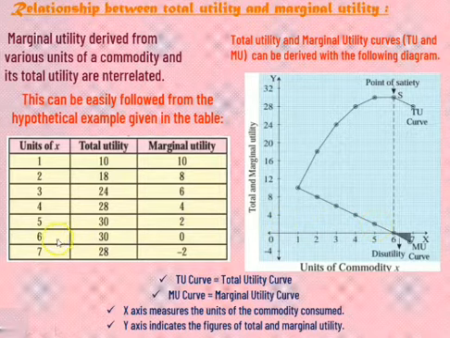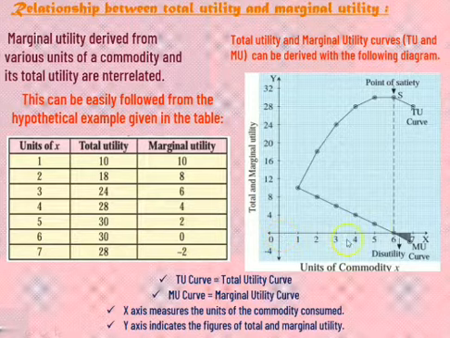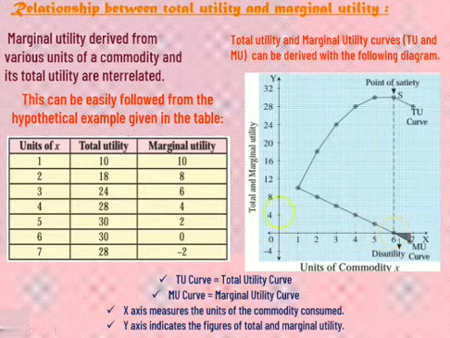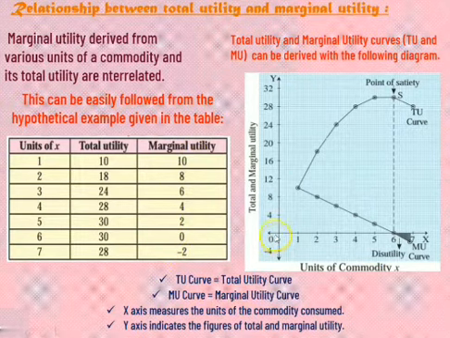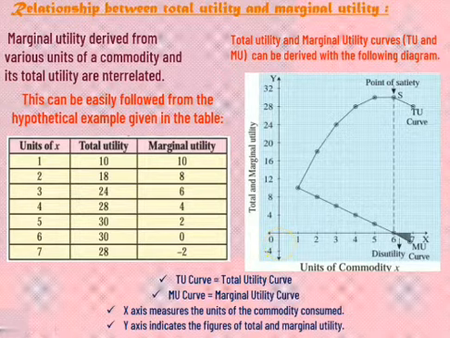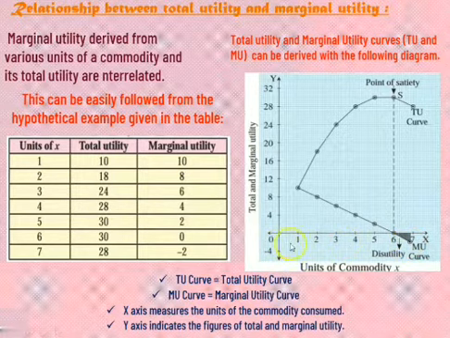And now the 6th unit of pizza, MU turns into 0. Therefore for the 6th unit, MU is 0. And now the 7th unit, MU turns negative, that is minus 2. Below this 0 we have written minus 4, that means minus 2 over here, and therefore we'll put a dot at minus 2.